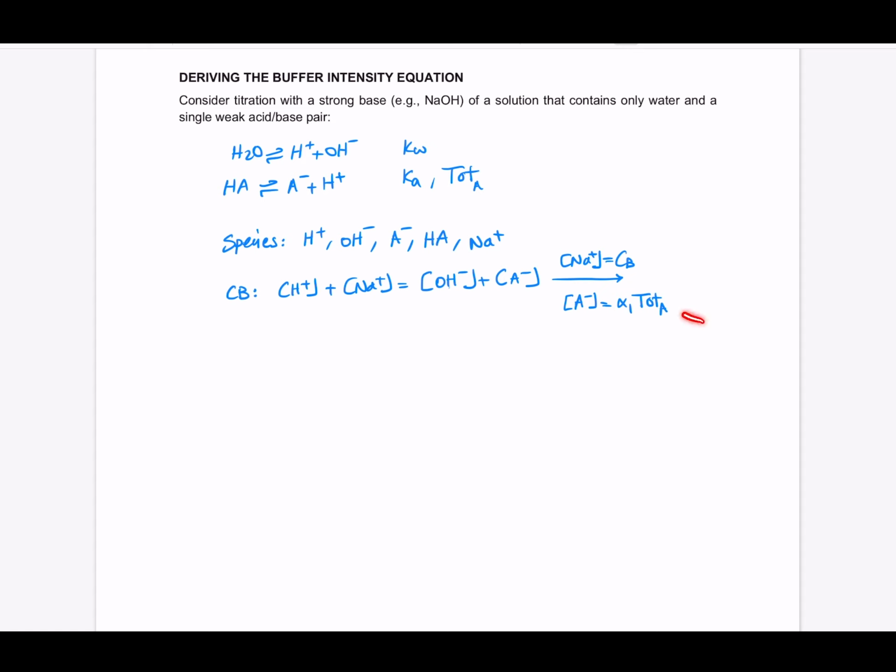So this is a constant, this is a pH factor. So rearranging this means CB. Let me change this to charge balance to avoid confusion. Now this CB, the amount of base that was added, is equal to hydroxide plus alpha 1 total minus H plus.